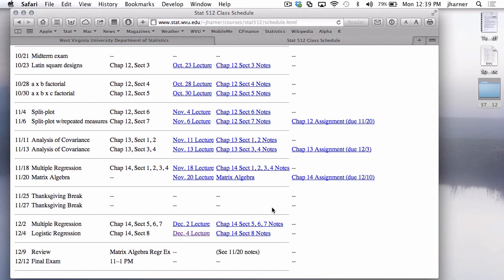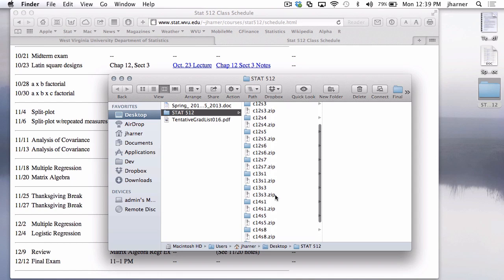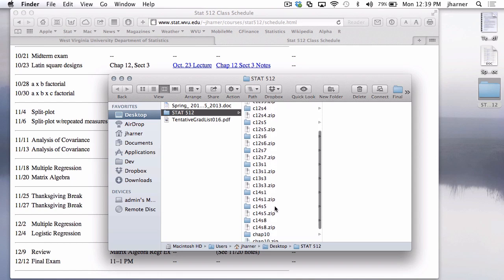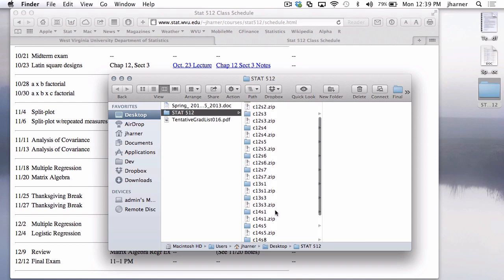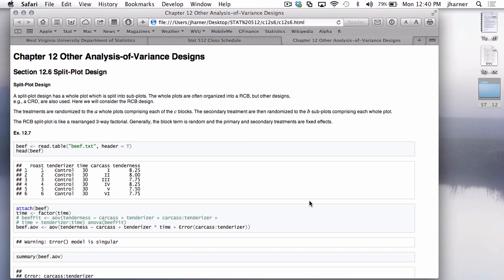Now, sections 6 and 7 got into what you call hierarchical or multi-level models. We call that a split plot.